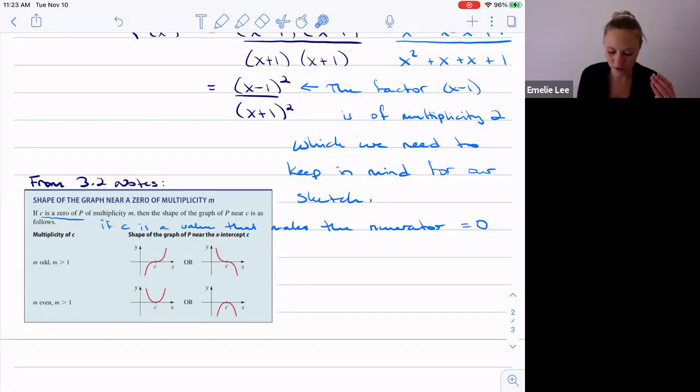In this case we said we have multiplicity 2, then the shape of the graph of P near C is as follows.